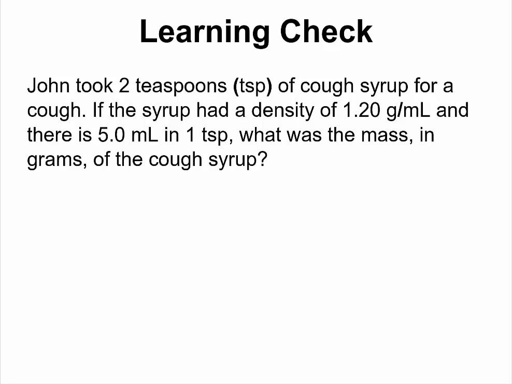John took 2 teaspoons of cough syrup for a cough. If the syrup had a density of 1.20 gram per milliliter, right there we can immediately use that as a conversion factor.